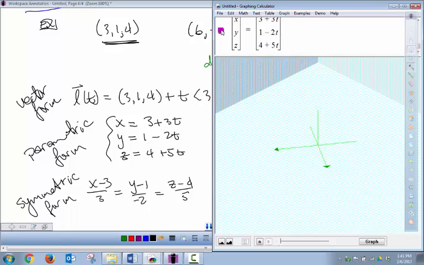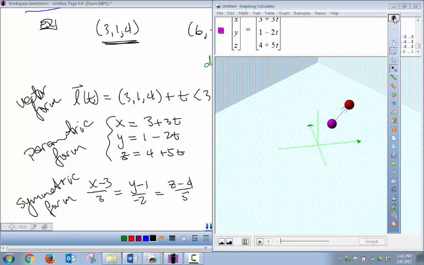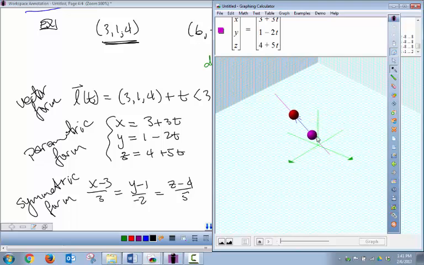So if we draw this line, this line is being drawn again from 0 to 1. So let's make it go from -1 to 2. A little bit longer. Make it thicker.